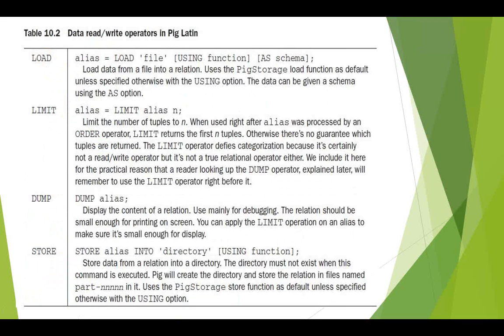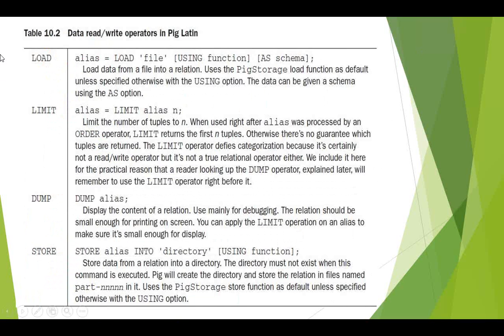And what is the normal meaning of limit? Limit is restriction. As we can see in the case of SQL, we want only the top 5 or the last 5. So for that we have to set some limitation. That limitation is the same here.